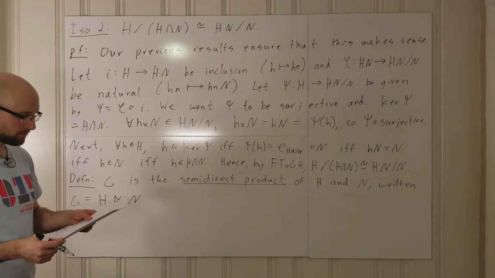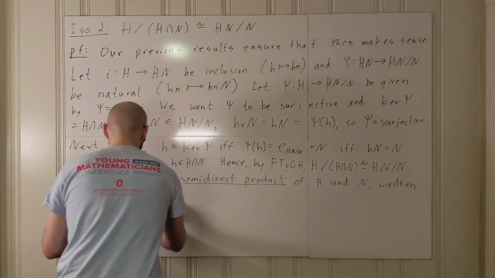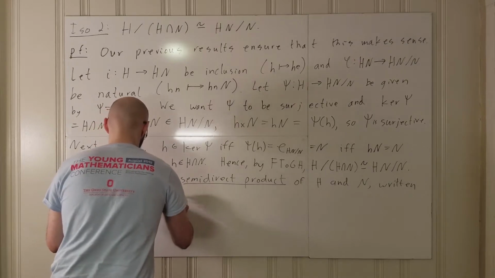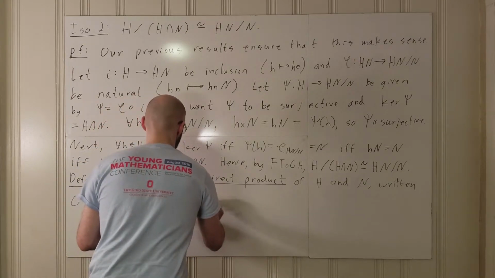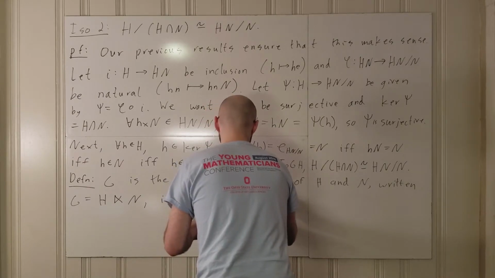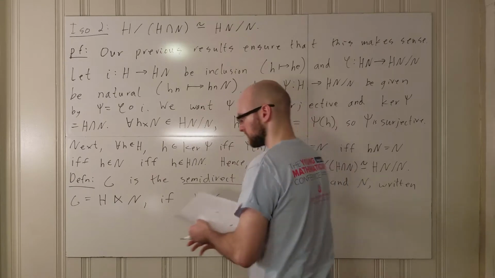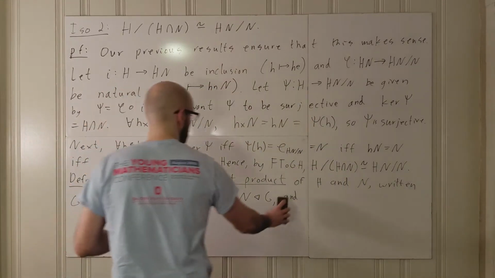Let's see here. H needs to be a subgroup of G, N needs to be normal in G. We're not quite done.